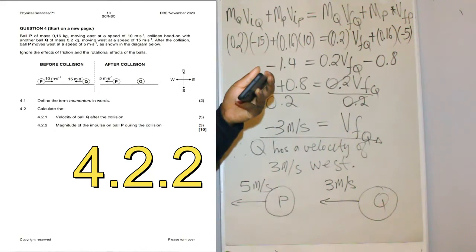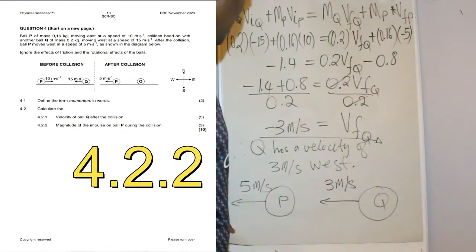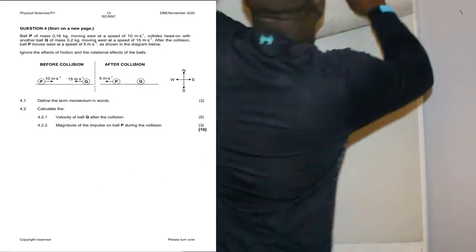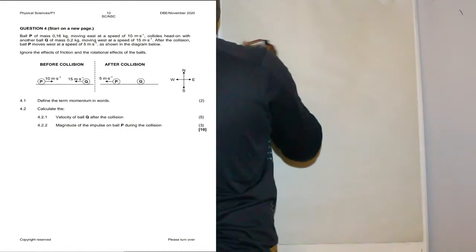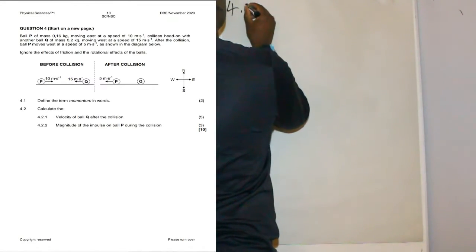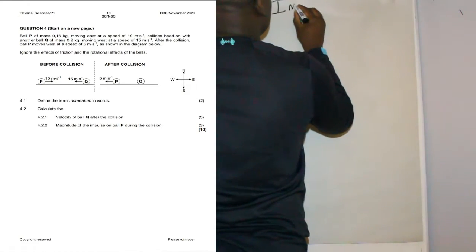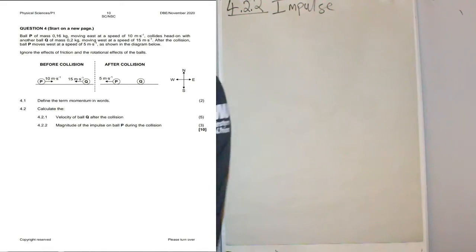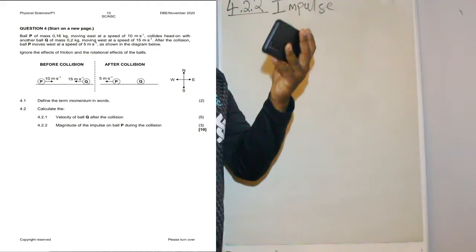4.2.1. Calculate the magnitude of the impulse on ball P during collision. They want us to calculate the magnitude of the impulse on the ball during collision.